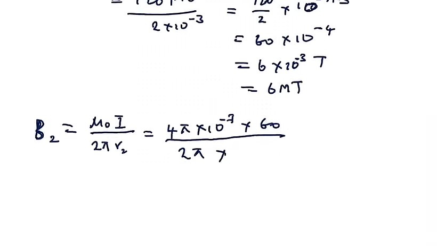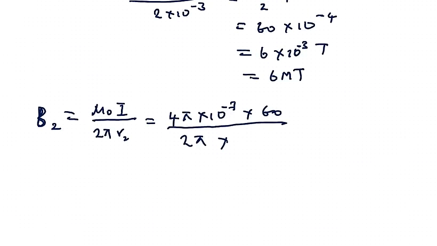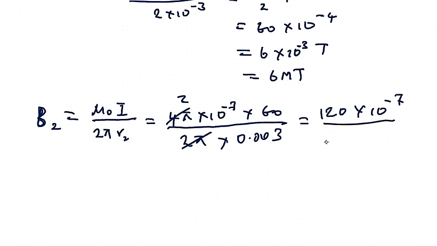Plugging in 0.003, the 2 pi can cancel, and we're left with 2. This will be equal to 2 multiplied by 60, the same thing as 120 times 10 to the power minus 7, divided by 3 times 10 to the power minus 3.